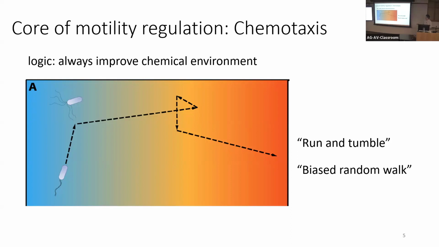It's also described as a biased random walk because of the randomness of the break, but also it's biased in such a way that when it's climbing the gradient of the nutrient or the chemical it actually likes, it has a lower probability of stopping and reorienting. The biased random walk ends up helping the bacteria move to a higher concentration of the chemical that it actually likes.